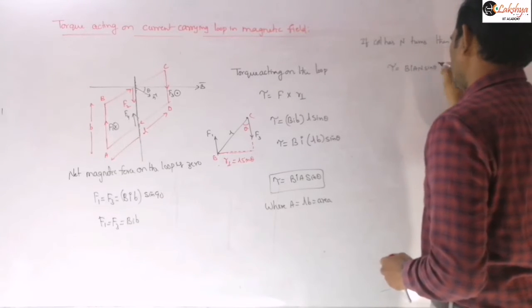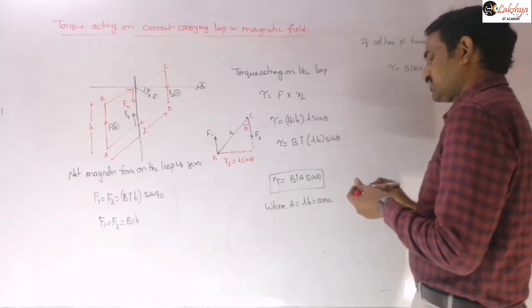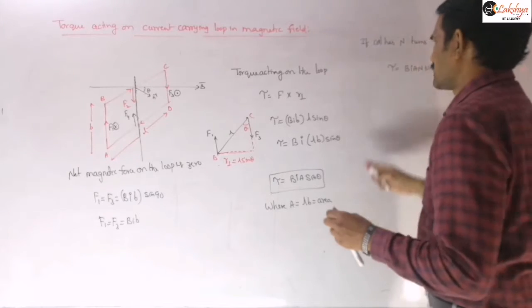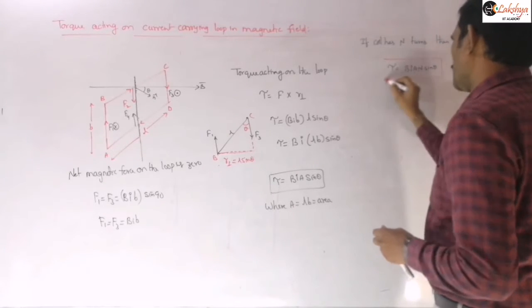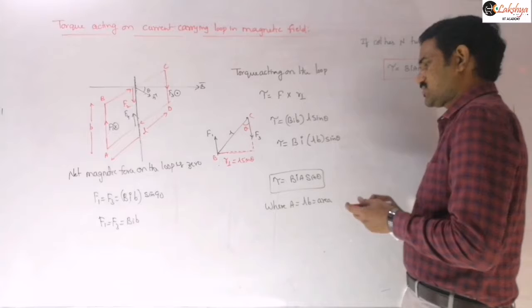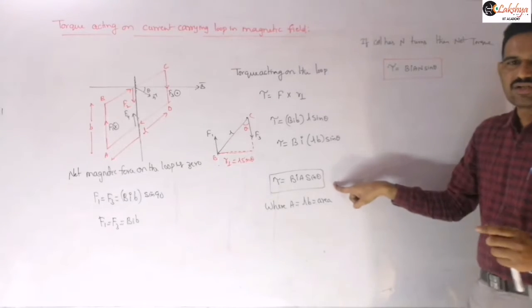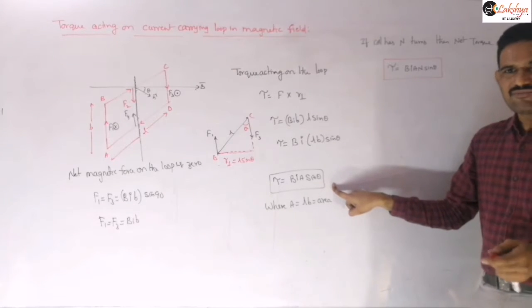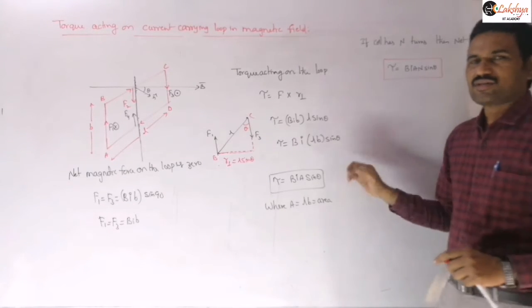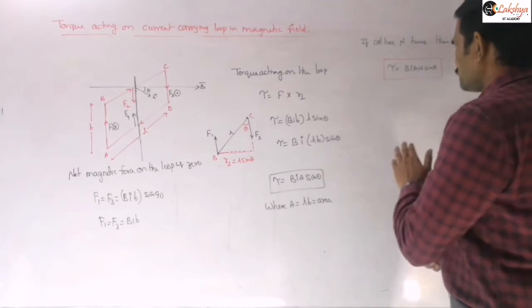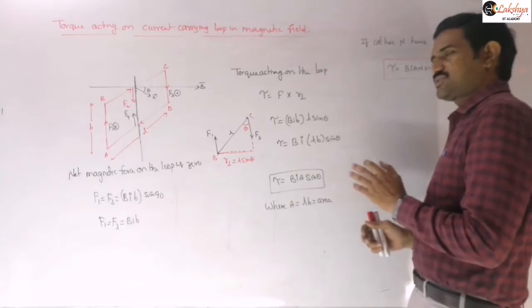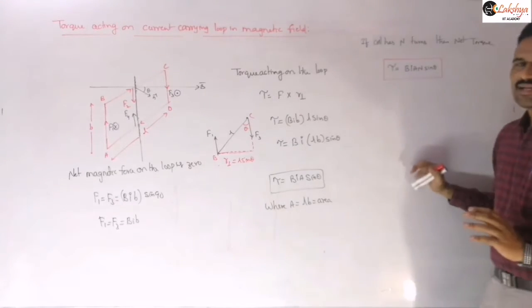This is the expression for the torque acting on a coil having n turns. That means this is the torque acting on a single turn, and if n turns are there, we need to multiply by n. So that is our BIAN sin theta expression for the torque acting on a current carrying coil.